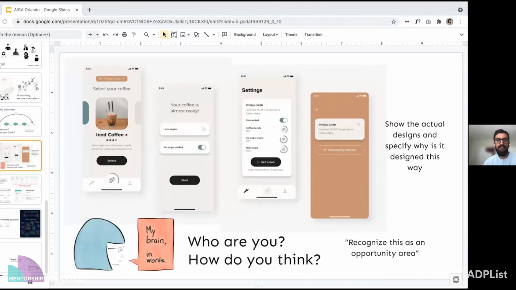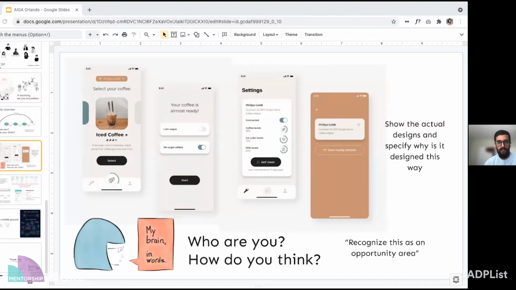So there's lots of confusion on how portfolios have to be put together, and most of the time we tend to look at other people's portfolios and try to see if something's working out for our examples and case studies.